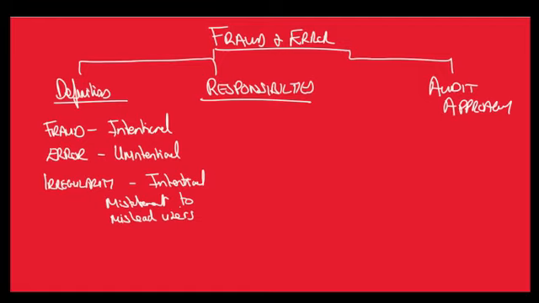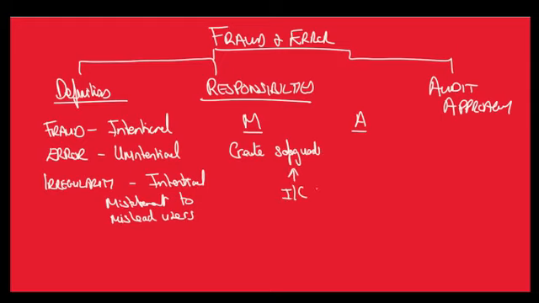Now let's have a look at the responsibilities. And obviously we're looking at the responsibilities of management and the responsibilities of auditors. Let's have a look at management first. Management, they've got to create safeguards to avoid fraud and error, and they do that with internal controls.